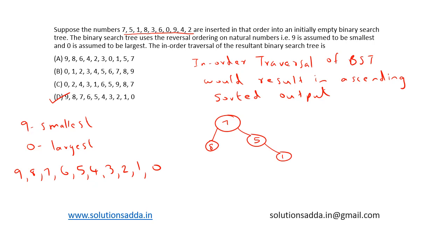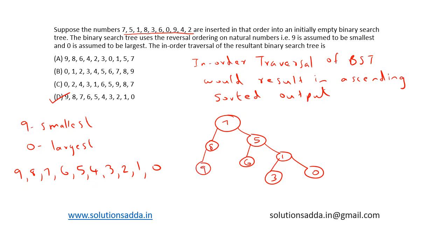Next we have 3. 3 is greater than 7, greater than 5, but less than 1. Next we have 6. 6 is greater than 7 but less than 5, so 6 would be here. Next we have 0. 0 would be here. Next we have 9. 9 is the smallest one.